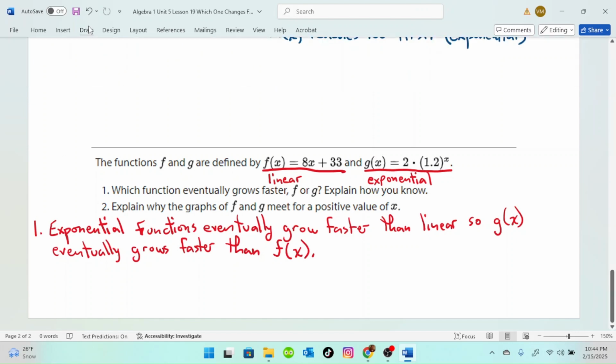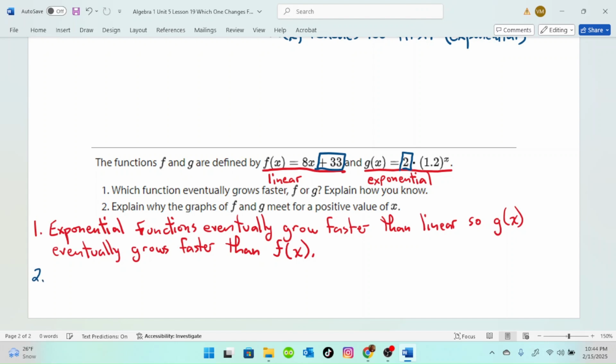Number 2. Explain why the graphs of f and g meet for a positive value of x. So this is based on you being able to identify the starting values, which are the y-intercepts. In a linear equation, that's this number without the x, 33. In an exponential function, that's this number that does not have an exponent, 2.